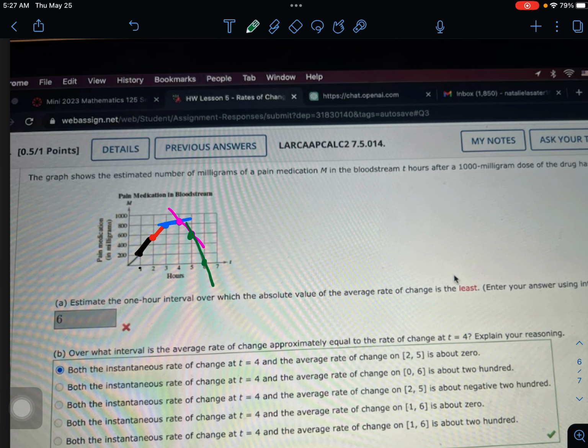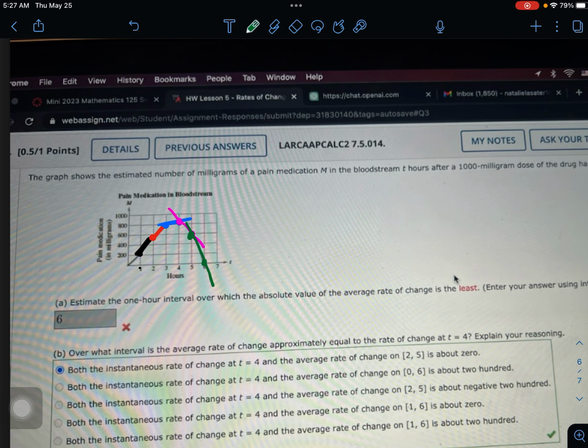So what you're looking for is the smallest slope, which is going to be the smallest average rate of change. The smallest slope is the blue line because it's the flattest line. The flattest line has the smallest slope, has the smallest average rate of change. So the interval that blue line occurs is between 3 and 4.